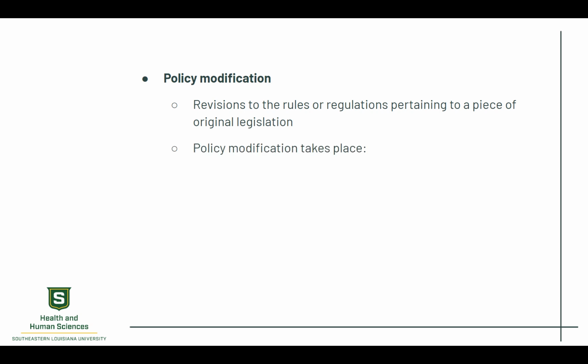And policy modification typically takes place after implementation. Let's say you've done the evaluation, and in the evaluation and analysis, you discover some things are not working as well as we thought they would. Then you make amendments or you modify the laws.